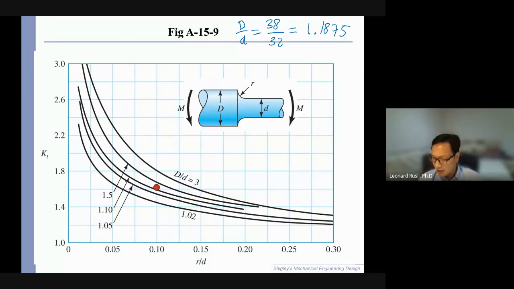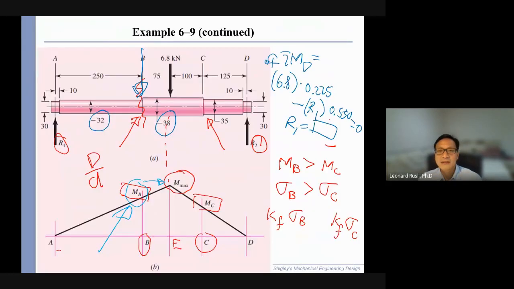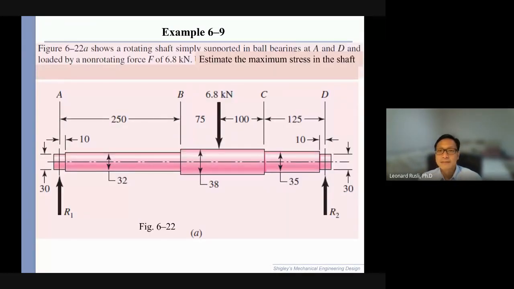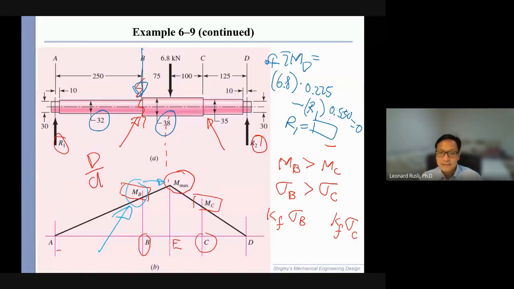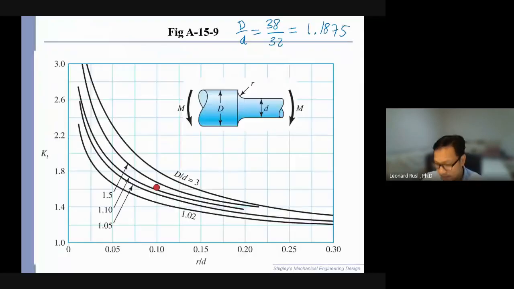Did I tell you guys the fillet radius? They don't tell you the fillet radius, but it's given. All right. So the fillet radius r divided by small d is the second thing that we need. It's going to be 3 divided by 32. So the fillet radius is 3, which gives 0.094.